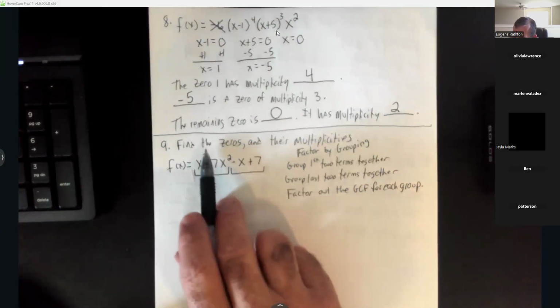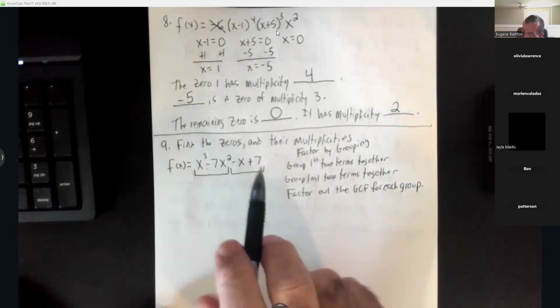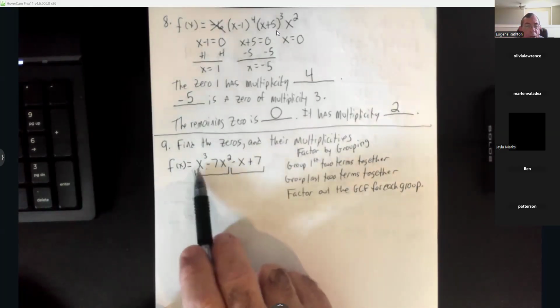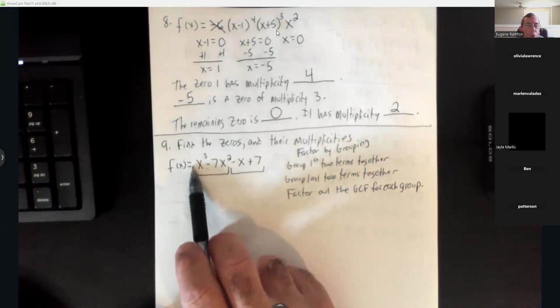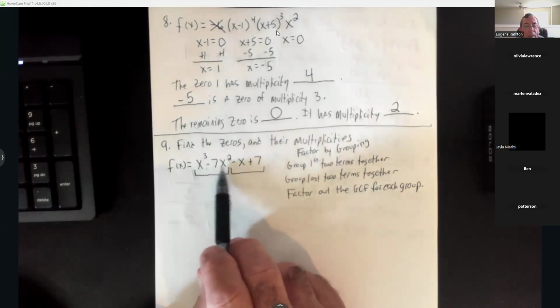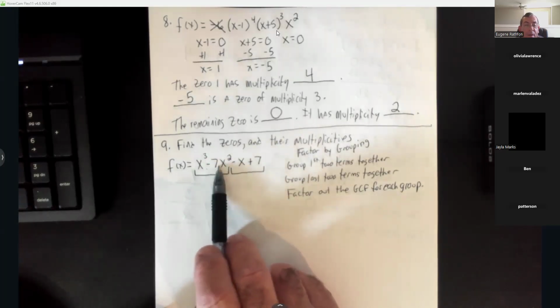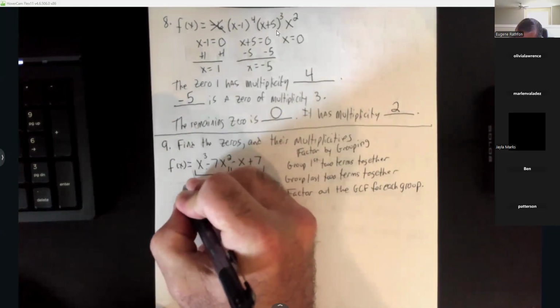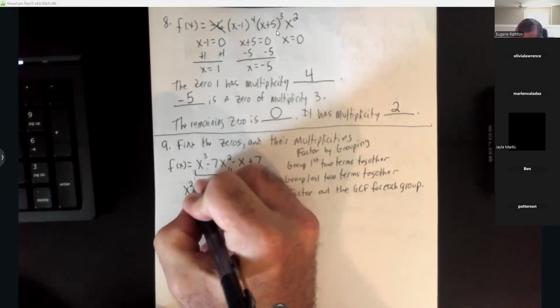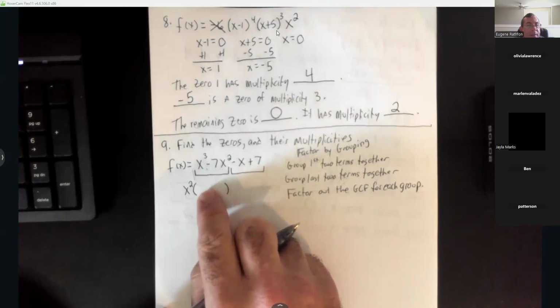All right, y'all, so let's see. The first 2 terms, greatest common factor is the greatest that they got in common. So it can't be a number because this one don't have a number other than a 1. So I'm looking at the variables. You got an x cubed and an x squared. The most that they have in common is an x squared. So you would factor out an x squared and then put what's left in parentheses.